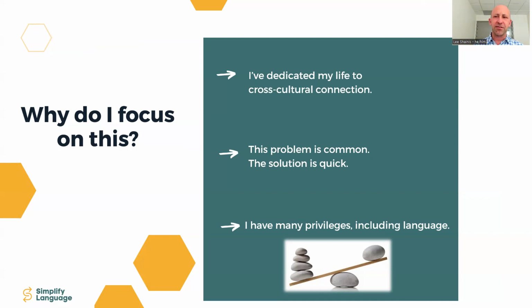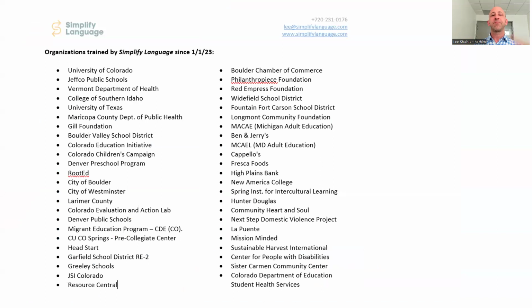Nobody thinks, I wonder if Lee's educated. But I've had a lot of people in my training say, Lee, it's not as simple for me because as a person of color, as a woman, I need to enter spaces and sound a certain way to feel like I belong there, or else they'll make assumptions about me that I don't belong. So we'll talk a little bit about some of the complexities about that and the role of power and privilege.